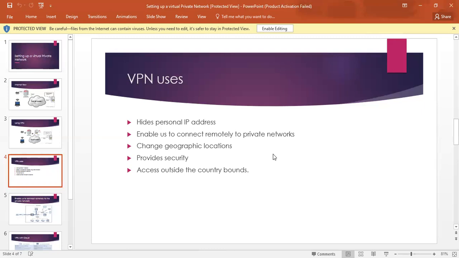A VPN extends a corporate network through encrypted connections made over the internet. Because the traffic is encrypted between the device and the network, traffic remains private as it travels. An employee can work outside the office and still securely connect to the corporate network using smartphones or tablets that can connect through a VPN.